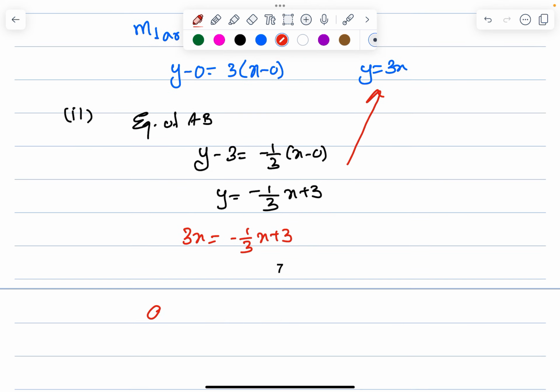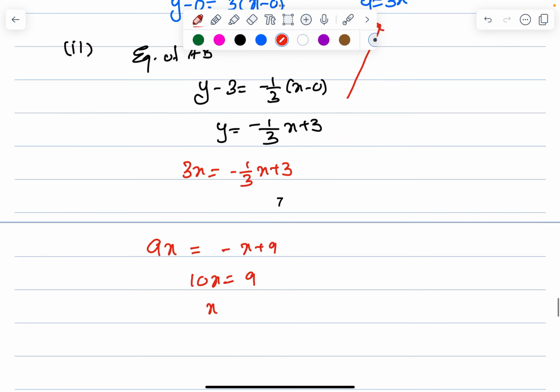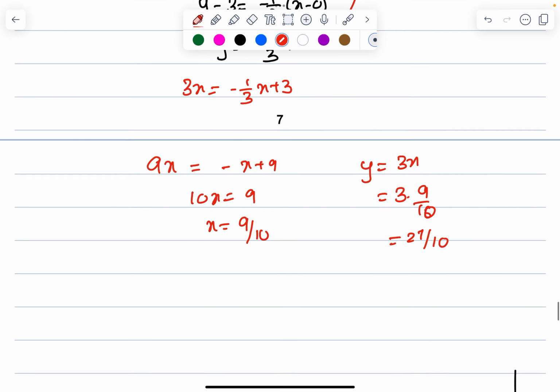So it becomes 9x equals minus x plus 9. 10x equals 9, x equals 9 upon 10. So y equals 3x, so 3 times 9 upon 10, which is 27 upon 10. So the point of intersection is 9 upon 10, comma 27 upon 10.